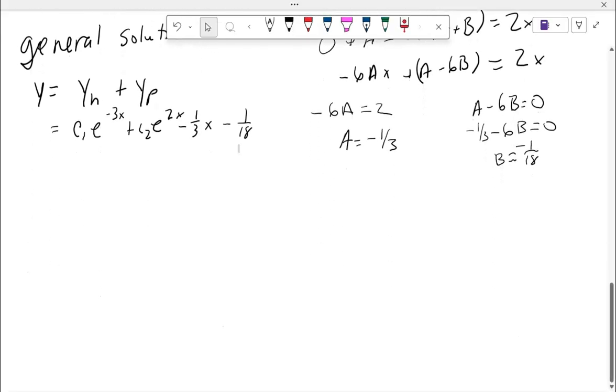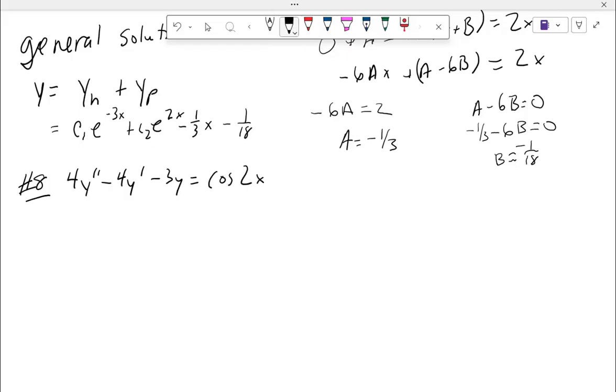All right, let's do number 8. Number 8 has 4y double prime minus 4y prime minus 3y equals cosine of 2x.